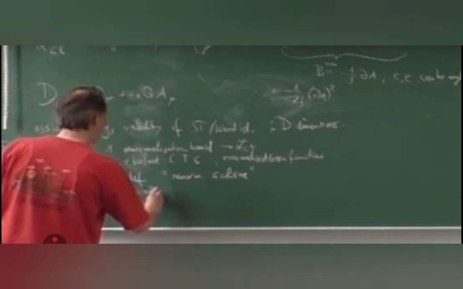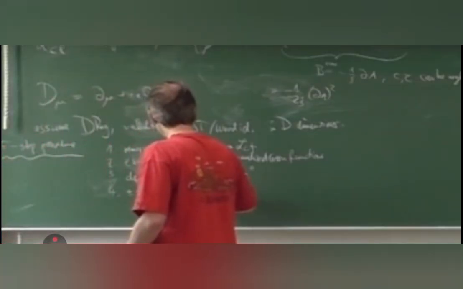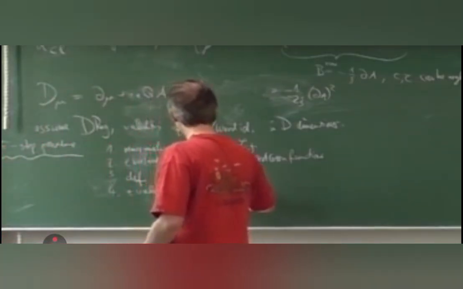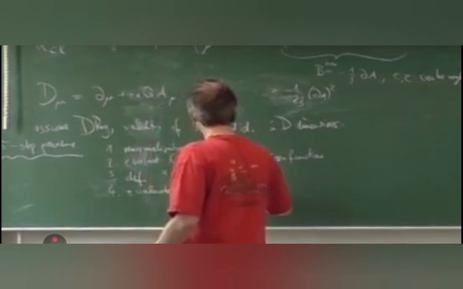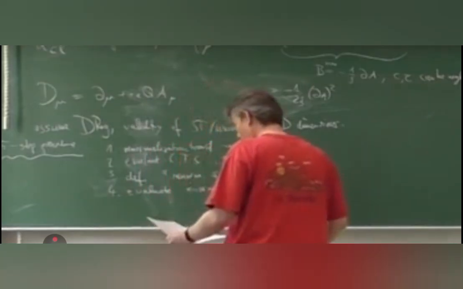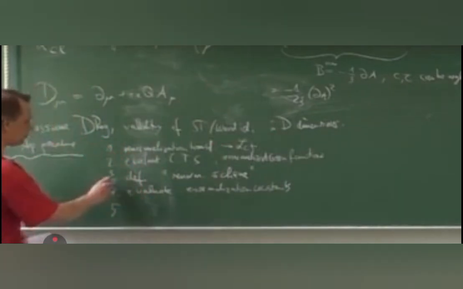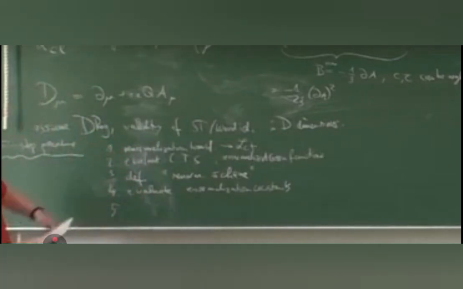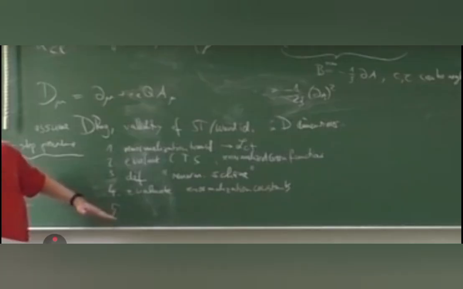After specifying this renormalization scheme, it needs to be evaluated. We have to evaluate the counter terms, or the so-called renormalization constants. And once we have done that, in principle, the renormalization formalism is completed, and we have building blocks which are complete in order to do practical calculations.